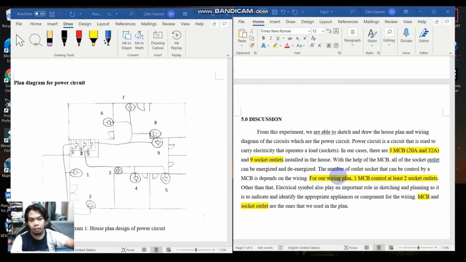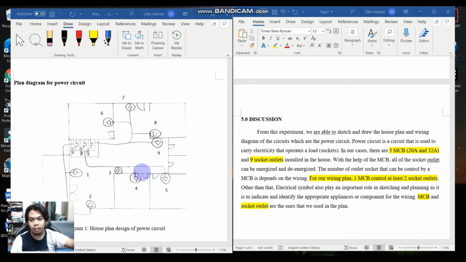The number of socket outlets that can be controlled by an MCB depends on the wiring. For example, in our house plan, one MCB controls at least two outlet circuits, which is MCB1. So each MCB will control its own socket outlets.